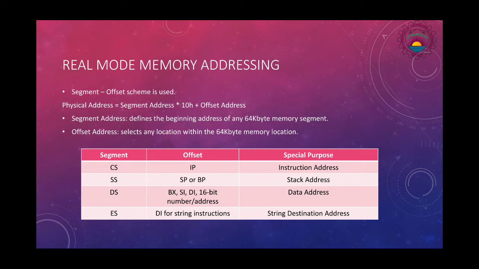For accessing extra segment, DI register is used within string instructions. So formula for physical address will be ES into 10H plus DI for string instructions, and that will be generating 20-bit physical address for string data address.